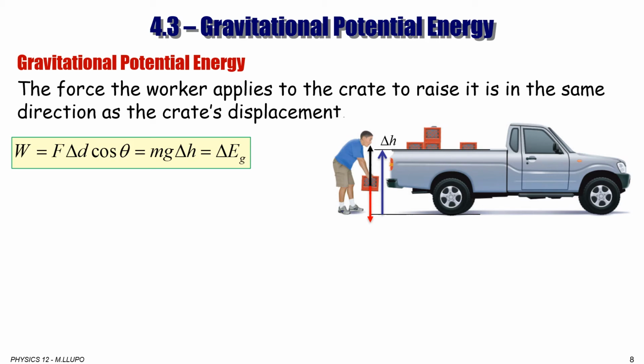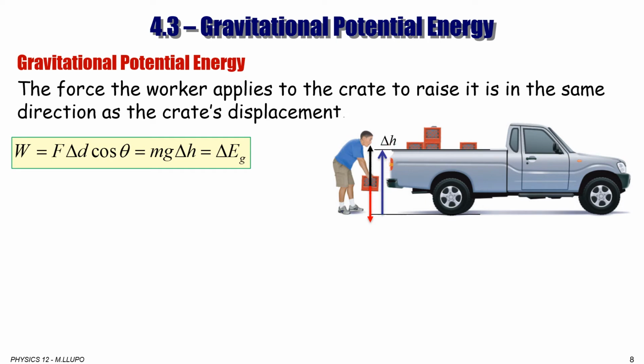So we know that work done by the applied force is equal to force times displacement times cosine theta. But let's analyze it. The force is the force that is against gravity. So it's a normal force, but it is the same as the force of gravity in this case. Now, displacement is delta H, a change in height.